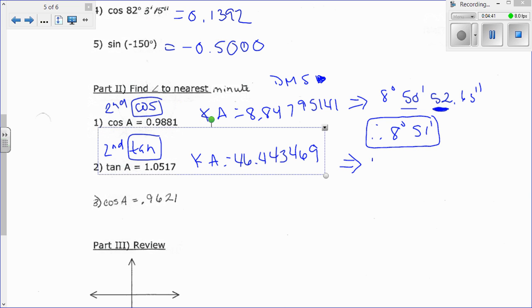When I do that, I will get 46 degrees, 26 minutes, 36.5 seconds. This is more than 30, therefore I round up to 46 degrees, 27 minutes.